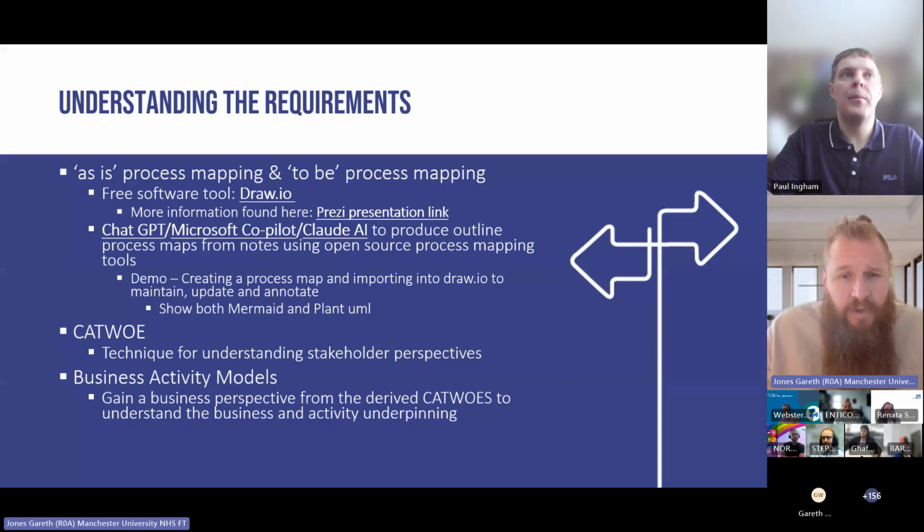So it's about taking into account all those different stakeholders when you are designing your process or solution. That leads to building a business activity model that gains a business perspective derived from the CATWOEs you've done, to understand the business activity that your processes are underpinning.